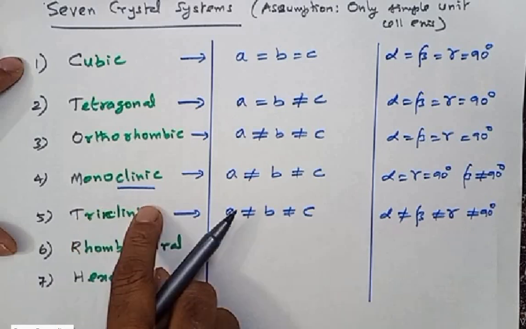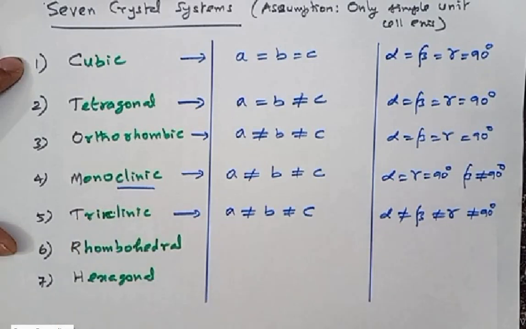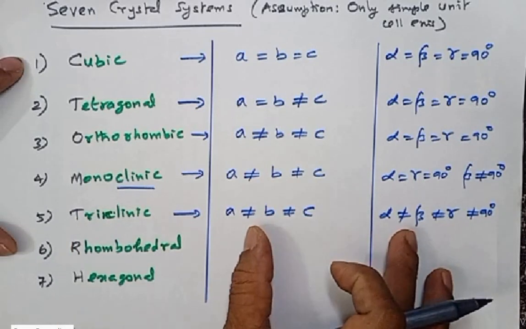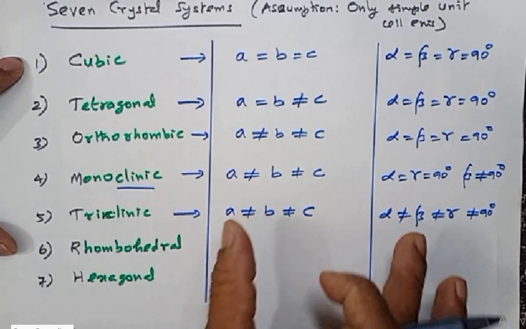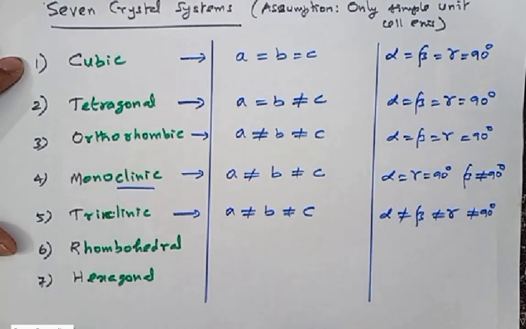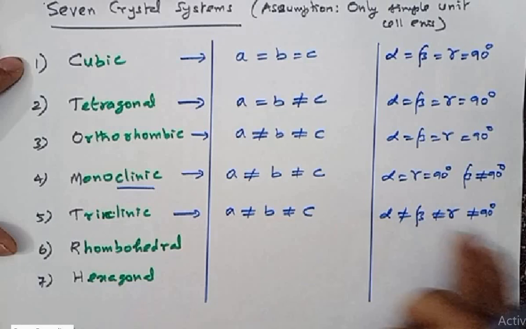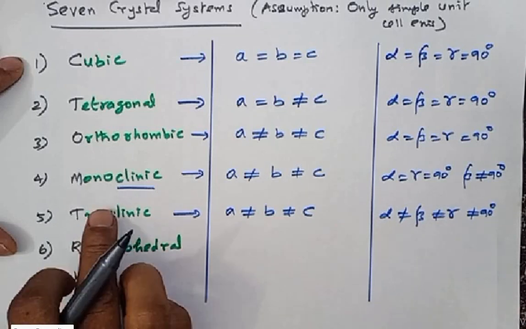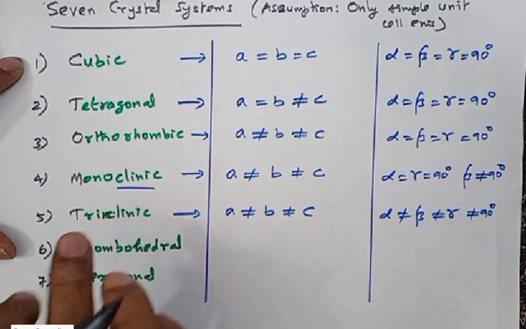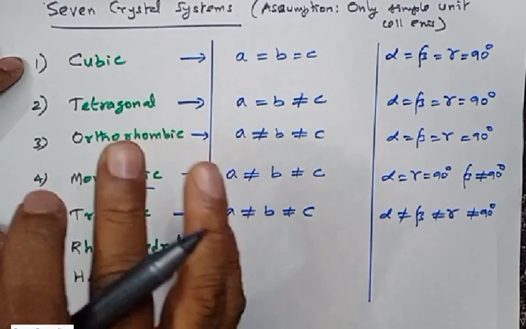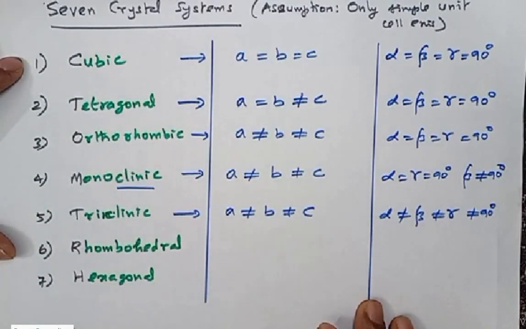That's why it is called triclinic. So this is actually called the least symmetric crystal, because sides are not equal, angles are not equal. This is the least symmetric crystal among the 7 crystal systems.